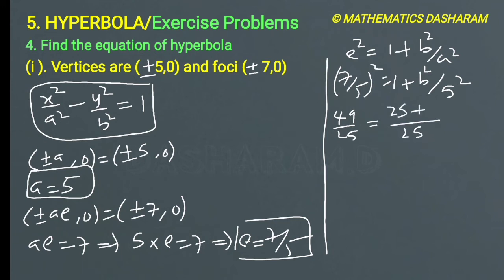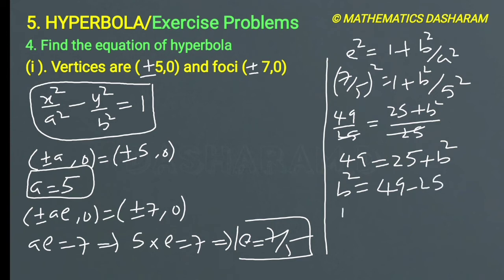So 25 plus b square. 25 cancels. 49 equals 25 plus b square. Then b square equals 49 minus 25. B square equals 24.